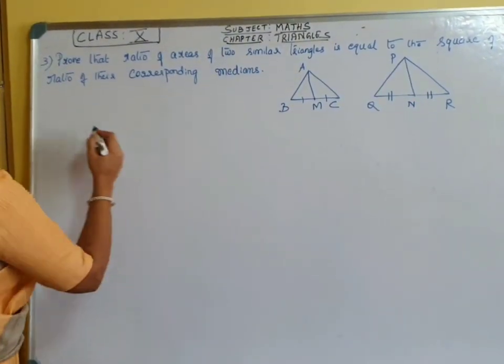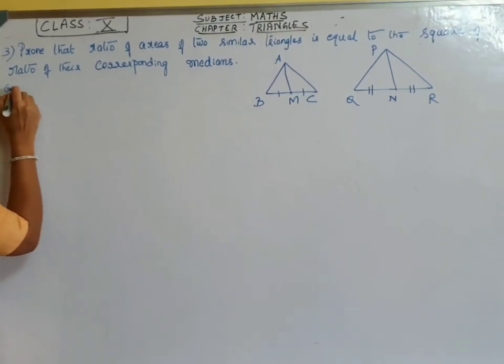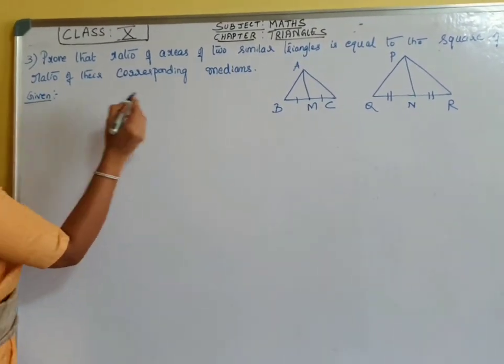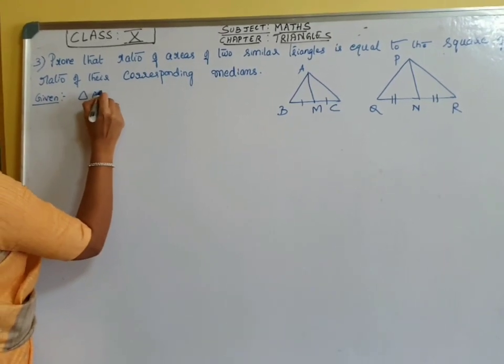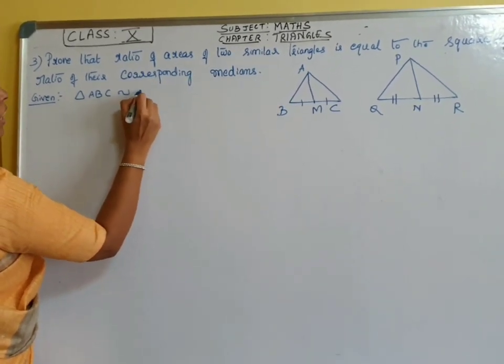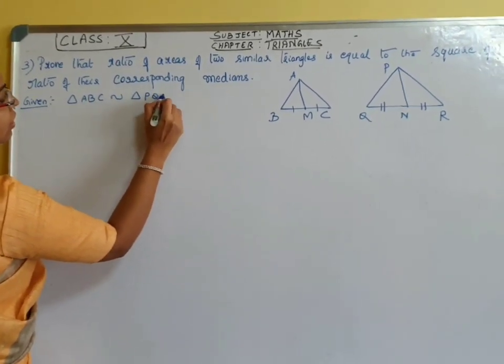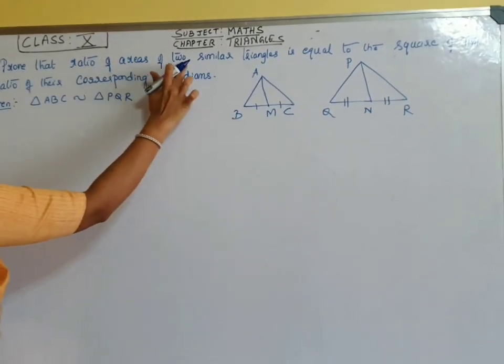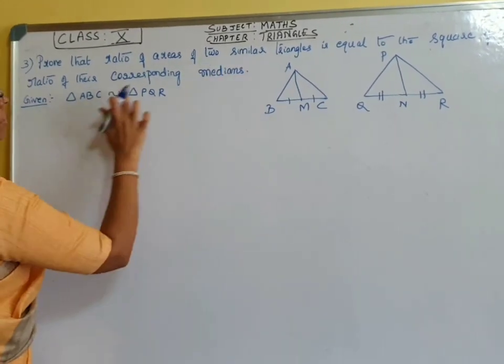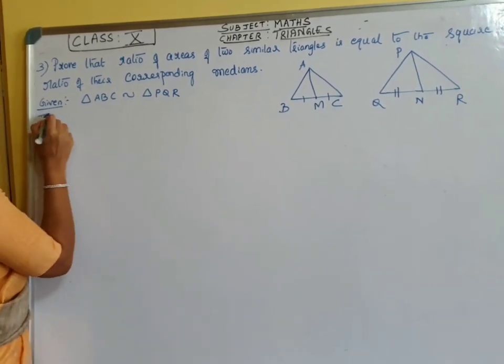We have denoted that. So what is given in the question? Triangle ABC is similar to triangle PQR. They are similar. What we need to prove?